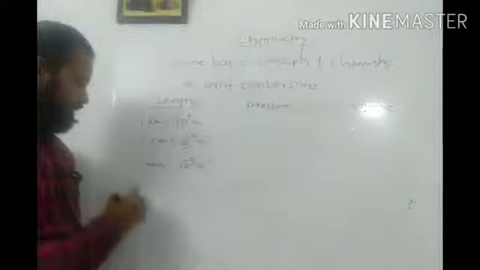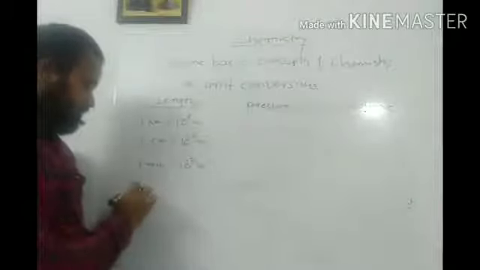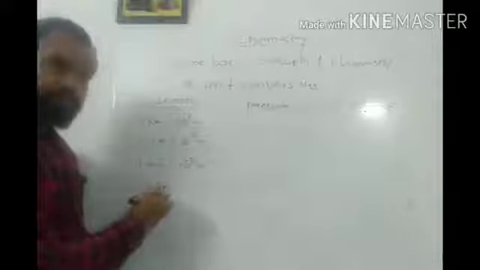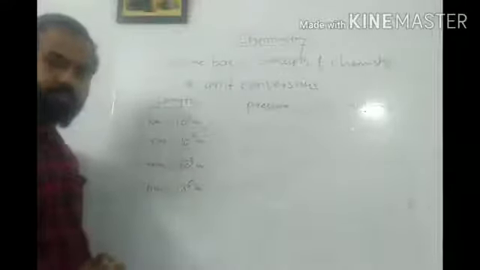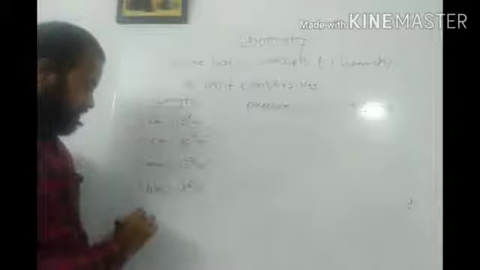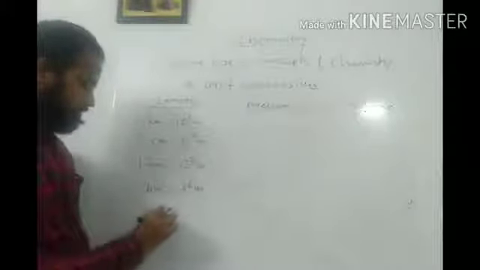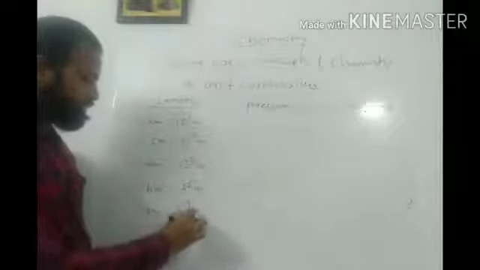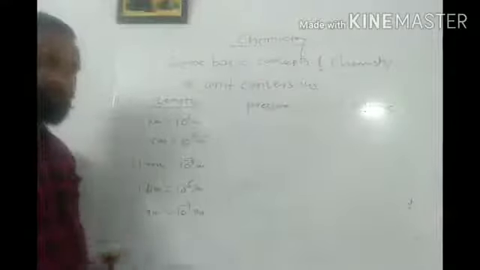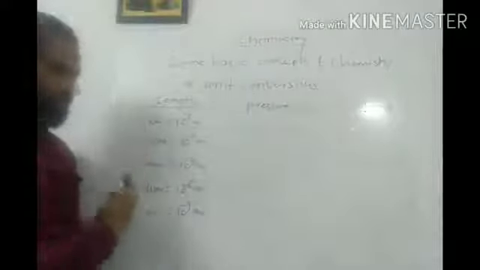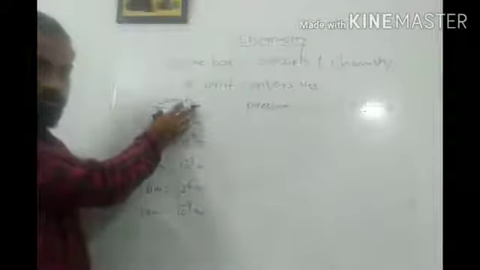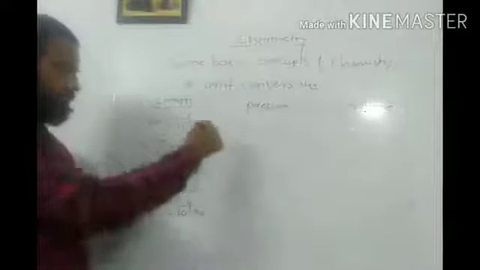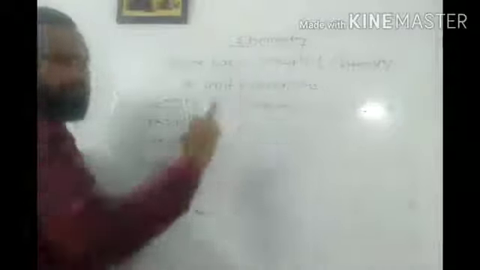Similarly 1 micrometer is 10 raised to minus 6 meter, and 1 nanometer is 10 raised to minus 9 meter. These are the units of length only. Then we will see pressure and then volume.